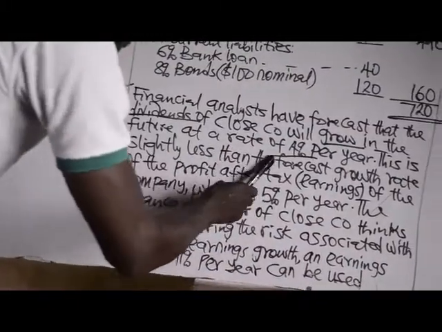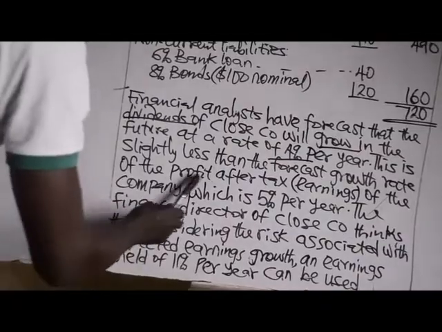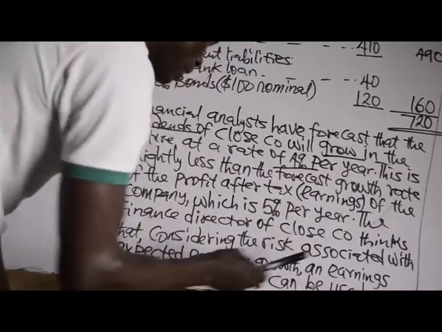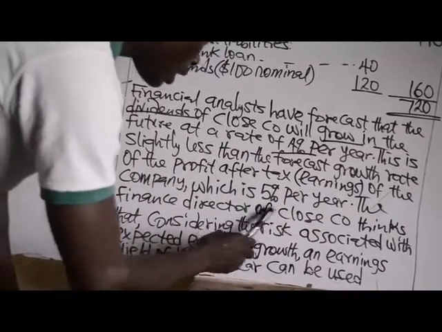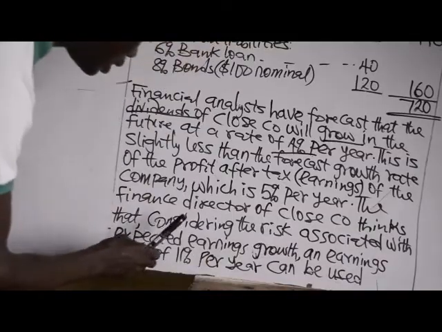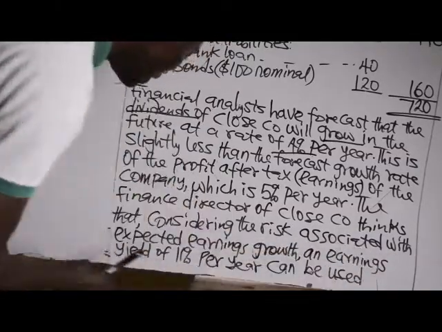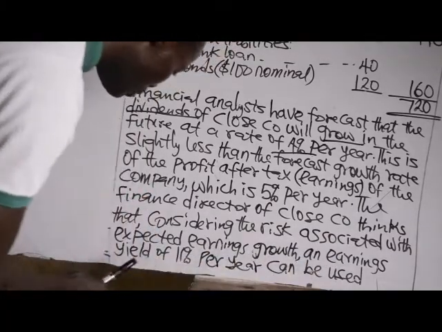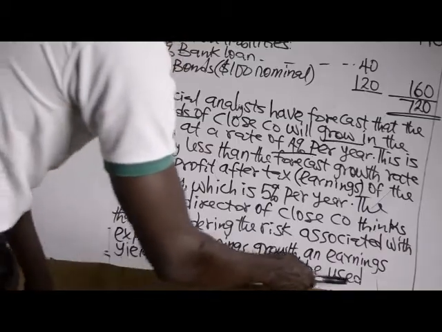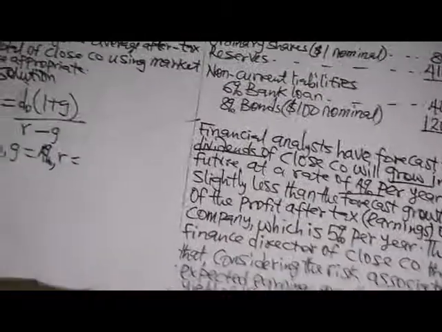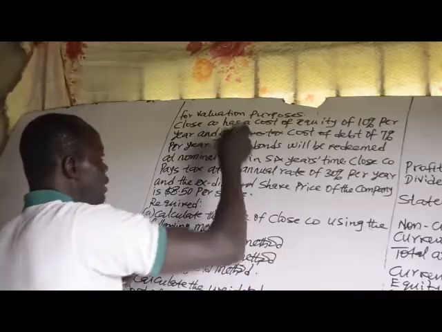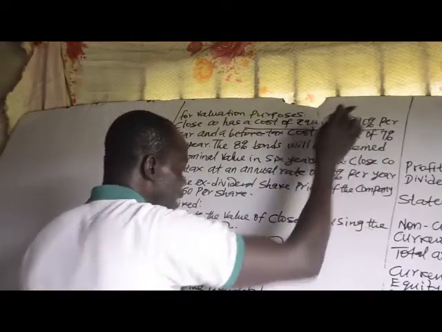This is slightly less than the forecast growth rate of the profit after tax earnings of the company, which is 5% per year. The finance director thinks that, considering the risk associated with expected earnings growth, an earnings yield of 11% per year can be used. For valuation purposes, Closco has a cost of equity of 10%. So our R is 10%.